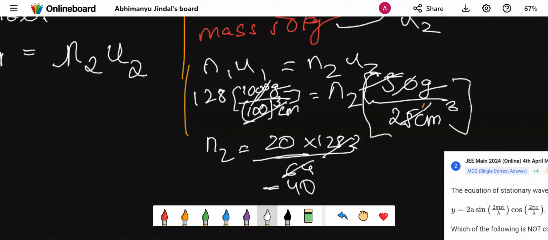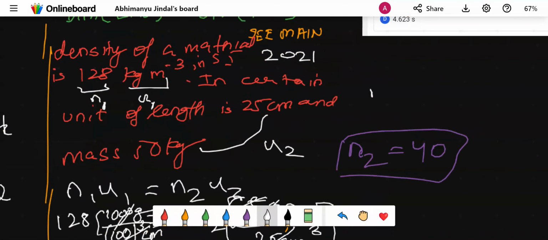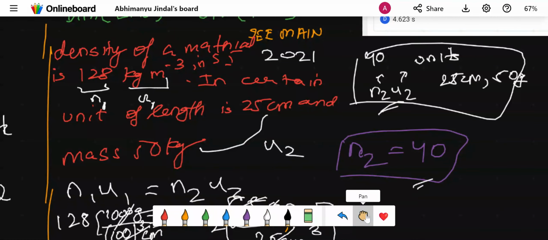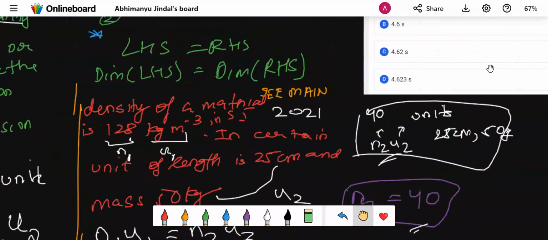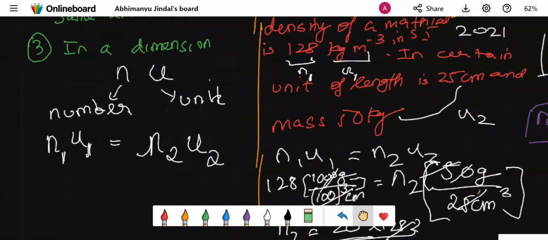So the answer is n2 equals 40, the numerical value, right? n2 is 40 and u2 is the units, which was 25 centimeter and 50 gram. But this is how you solve it, right? n2 was to be found, which was the numerical value, and there you go, we found it. So this is how we can use this rule of n1 u1 equals n2 u2 for conversion of one unit to another, wherein the numerical value changes.